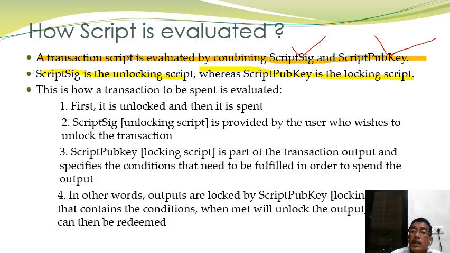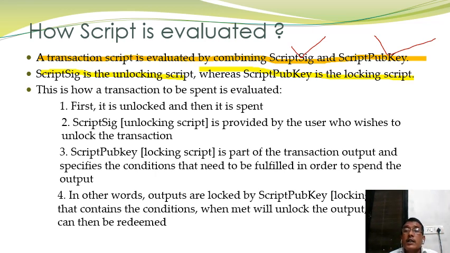If we want to use the outputs we have received from previous transactions, then we first have to unlock those outputs, and then check the locking script as a condition. It contains the address for which the transaction is intended.